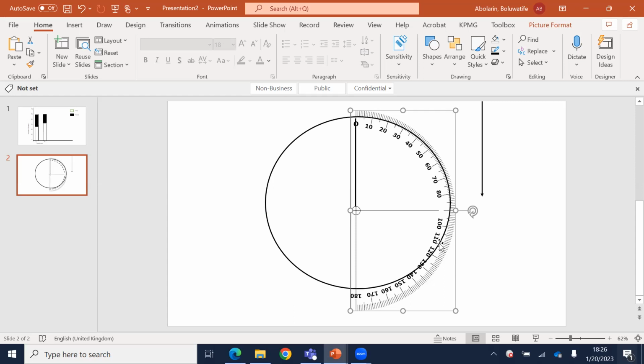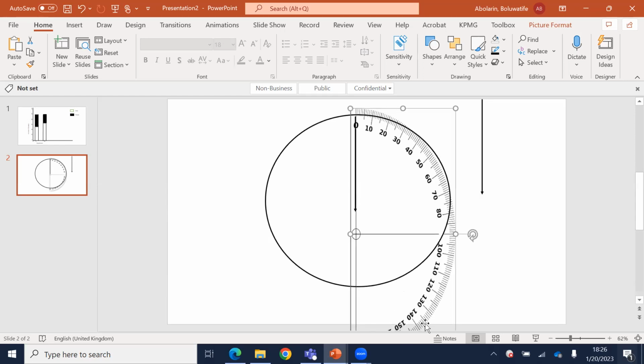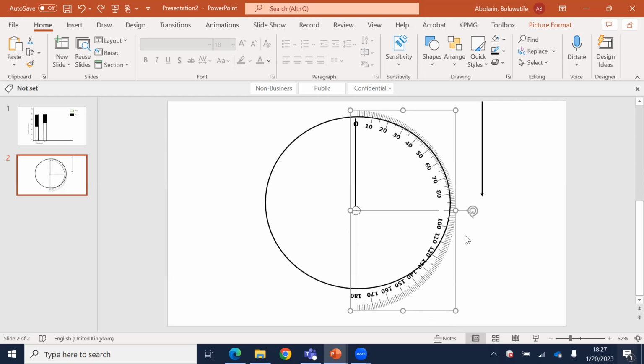Between 100 and 110, the middle will be what? 105. Exactly, 105. Should I expand it so that you see it very well? If this middle is 105, the second line will be what? 106. Third one will be what? 107, 108, 109, 110. So let me bring it back.